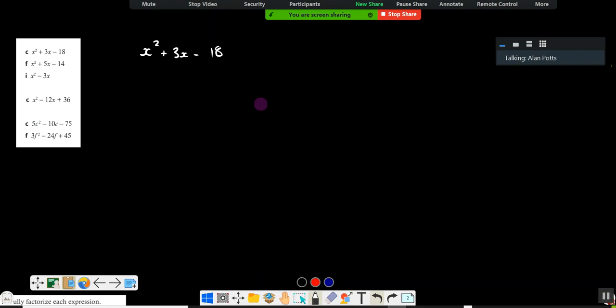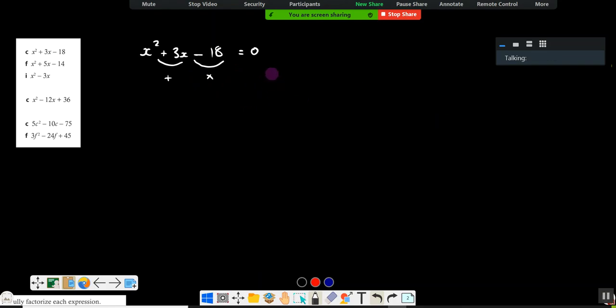No? Okay, so if you remember last time, if I put an equals 0, what we were doing is factorizing this. Remember, we need to find two numbers that multiply to make negative 18, and those two numbers add together to make the positive 3.